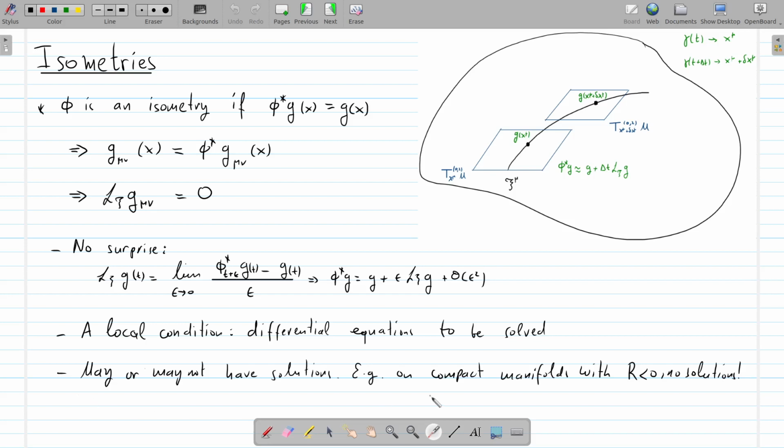And such an example is, for example, if you take a compact manifold with negative scalar curvature, then there is no solution to those equations. Notice that we may find solutions in a coordinate system, but these could be just local solutions, and they cannot be extended to the whole manifold. We will see such an example later.